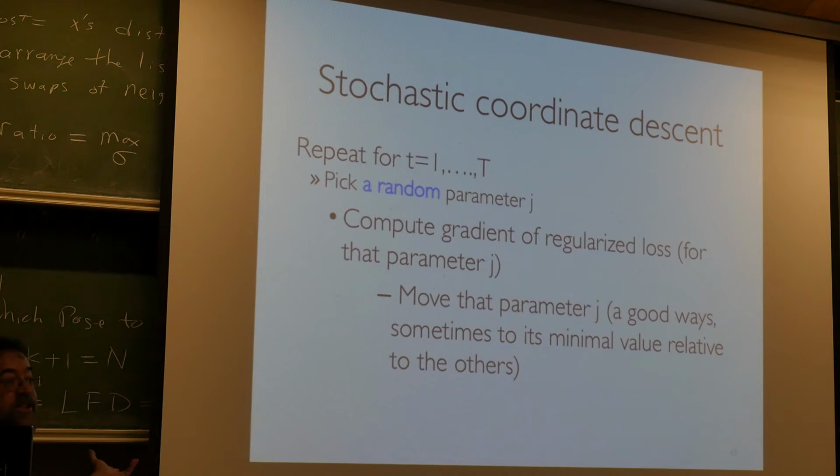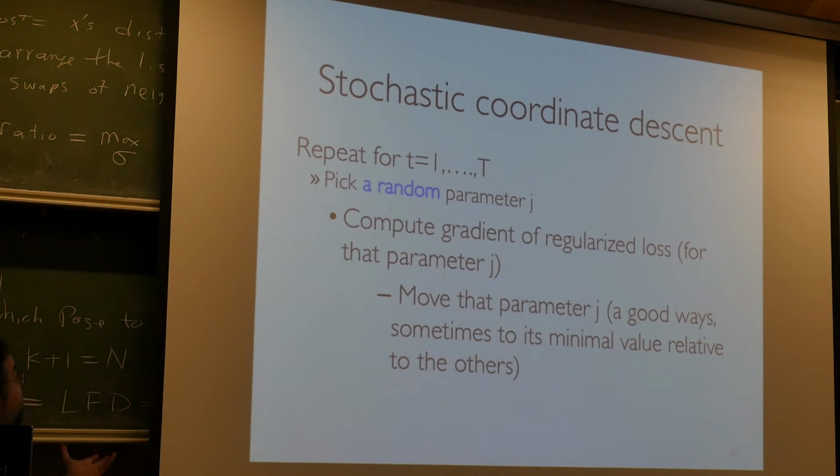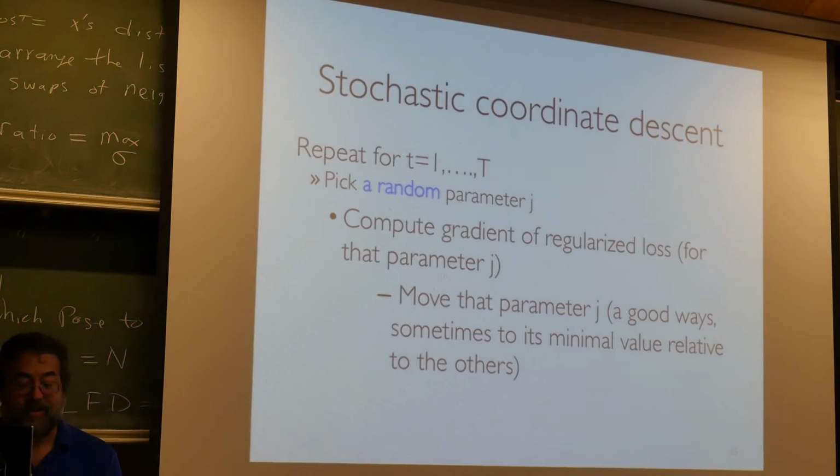And there is actually a stochastic version of it. In ordinary coordinate descent, you cycle through each parameter one by one. In stochastic coordinate descent, you pick a random parameter and then you move it the same way. So that's another optimization method. It's got theoretical bounds, and it's competitive in some situations.